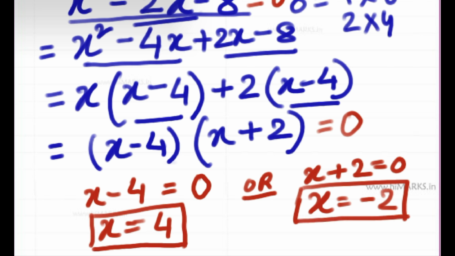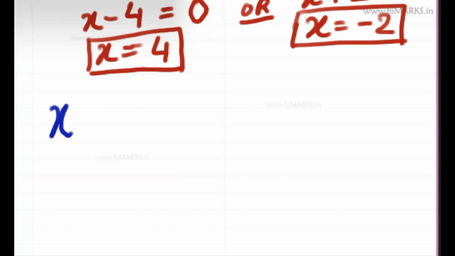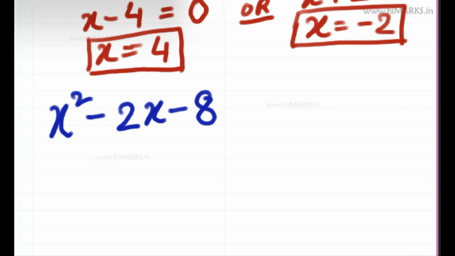To verify the relationship between zeros and the coefficients, the polynomial is x square minus 2x minus 8. This is a quadratic equation, and the standard form of a quadratic equation is ax square plus bx plus c.